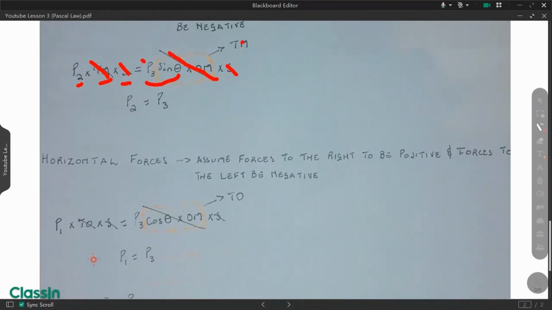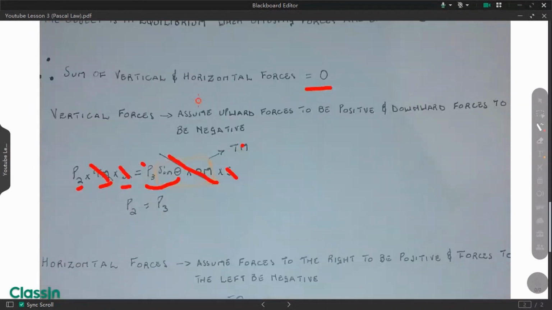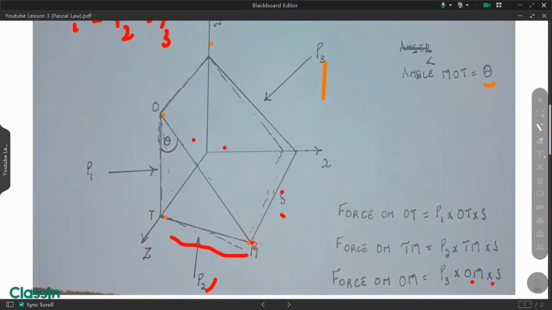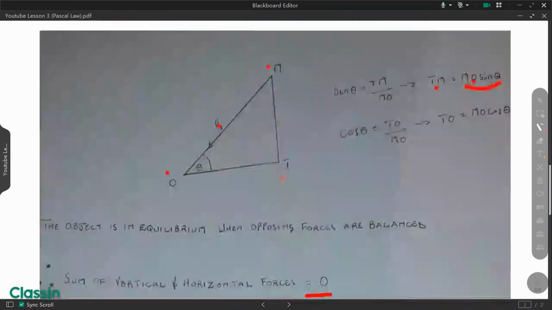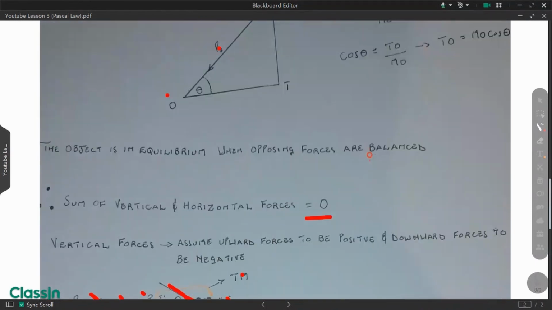And then P3 cos theta is the horizontal component of this pressure. So it's P3 cos theta multiplied by the area, MO by S, which is this one.